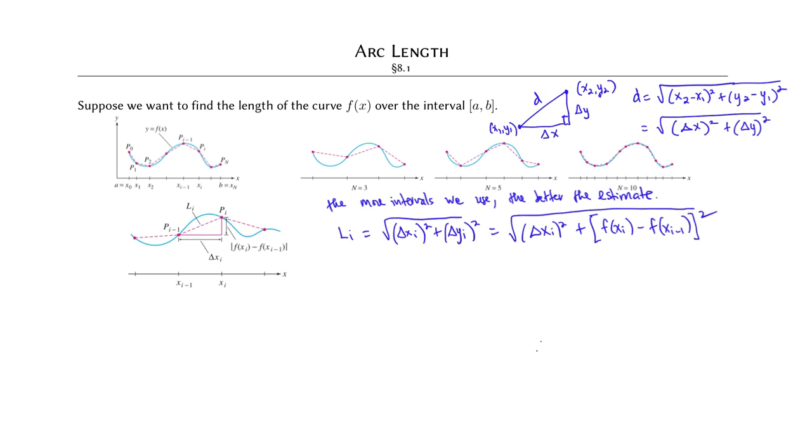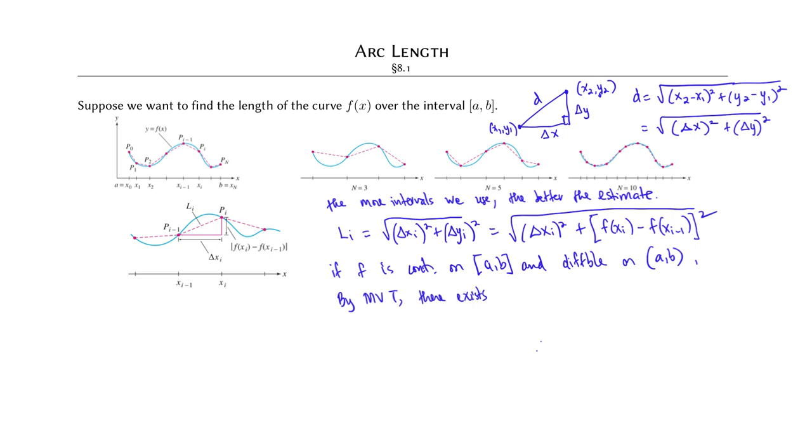We assume that the function f is continuous and differentiable on the closed interval a comma b. Therefore, on each of these intervals x i minus 1, x i, the function f is also continuous and differentiable. We then apply the mean value theorem on each of the intervals.